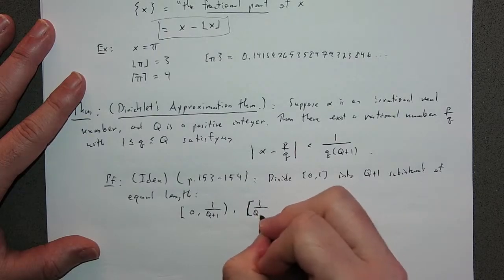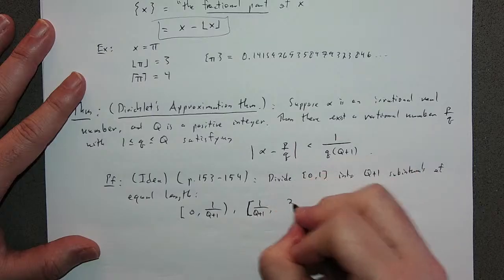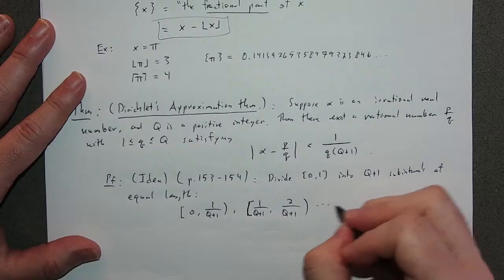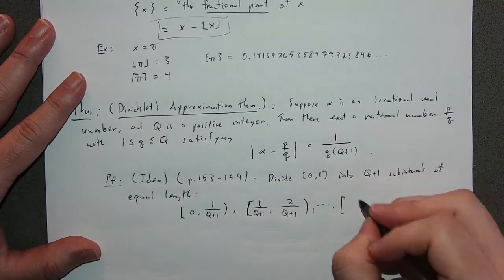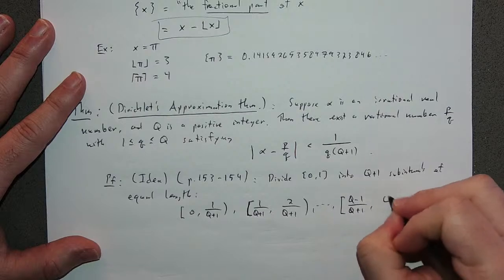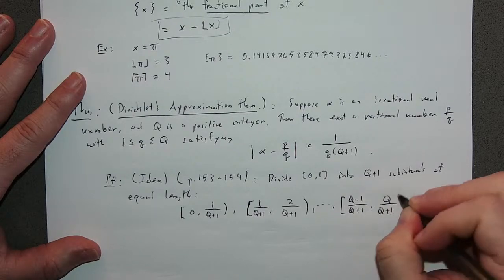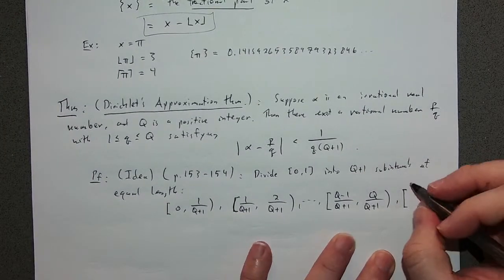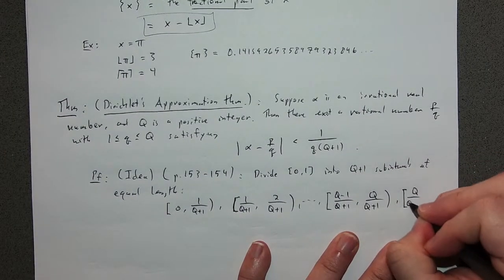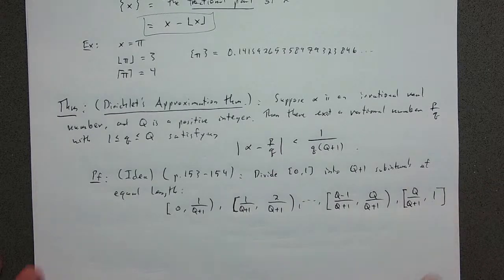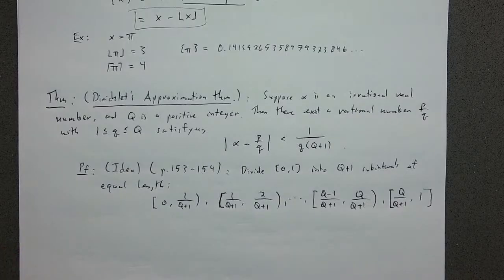So this is 1 over big Q plus 1 to 2 over big Q plus 1. And so on in this fashion, such that here I have Q minus 1 over Q plus 1 to Q over Q plus 1. And then the last one is Q over Q plus 1 to 1. Okay, so you can check there's Q plus 1 of those. They have the same length.